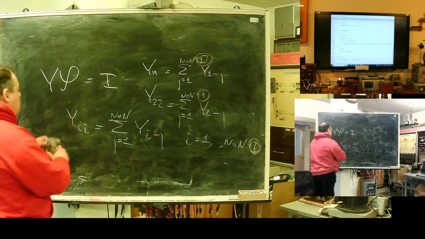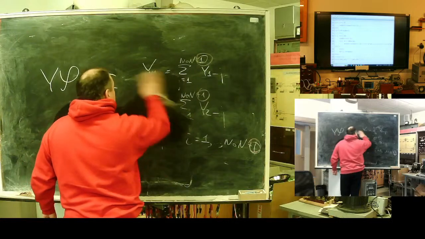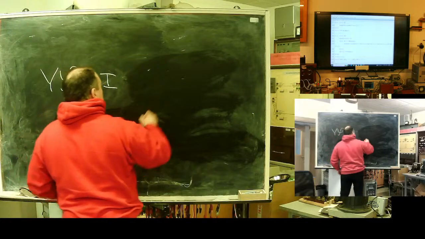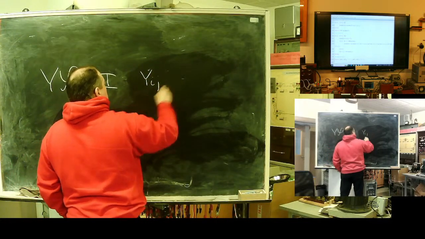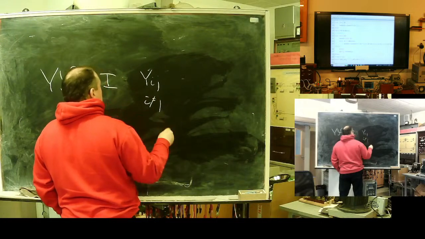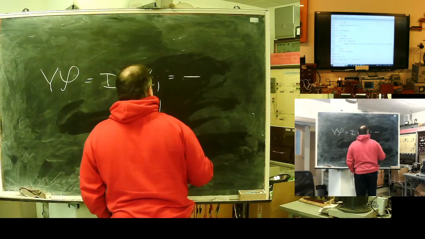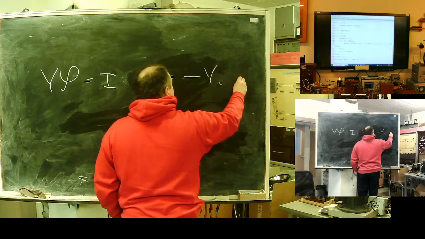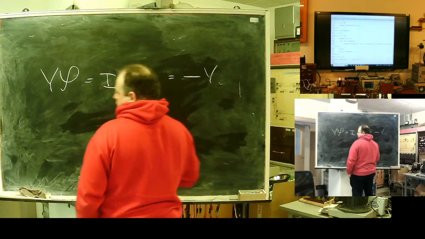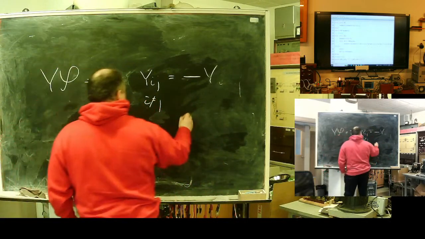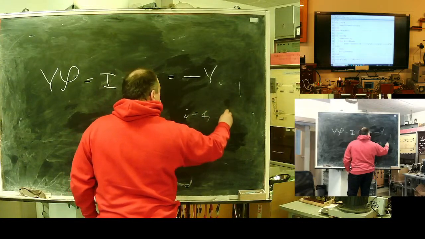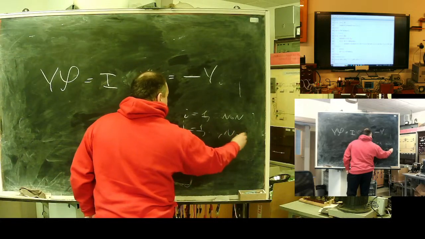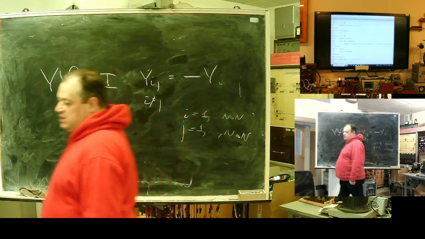Other elements of this matrix, Y_ij excluding i equals j, are minus the conductance between node i and node j, where i is from 1 to number of nodes. This part does not include the base node.